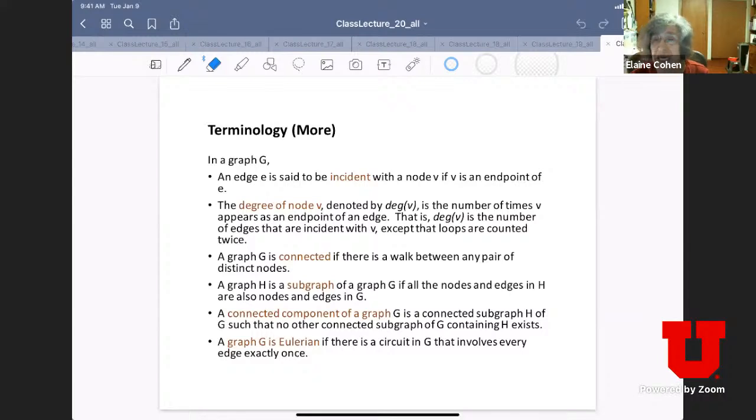Now, if a graph is connected, then it is its own connected component. But sometimes there are graphs that are not connected and they have different groupings of things that are connected within themselves, but not to each other.